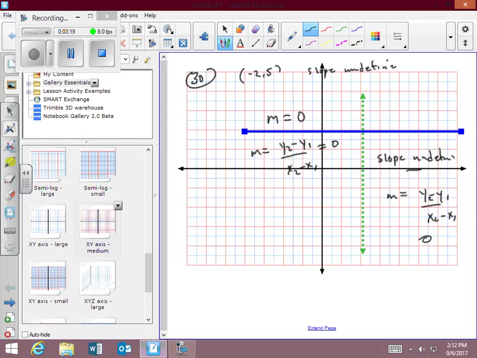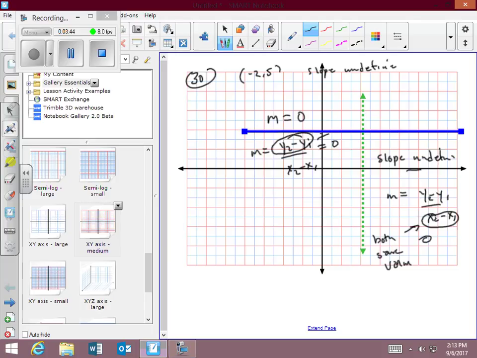Now, the only way that you can get a denominator of 0 is if both of these x values are the same number, right? Likewise, the only way you can get a 0 slope, 0 in the numerator, is if y1 and y2 are identical, right?